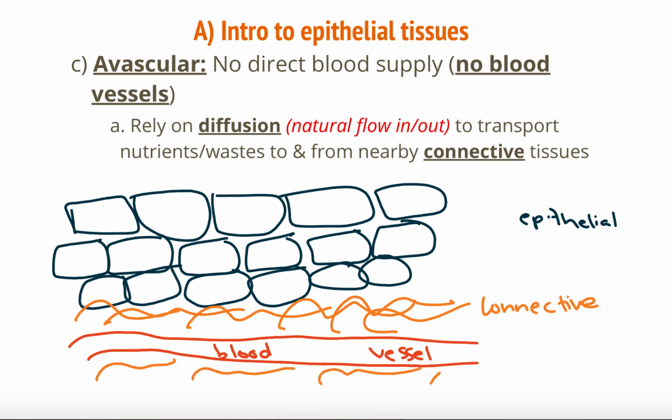It's sitting right inside the connective tissue. So any nutrients that are needed can diffuse into the epithelial cells, and any waste that might be made can eventually diffuse back to the blood slowly.